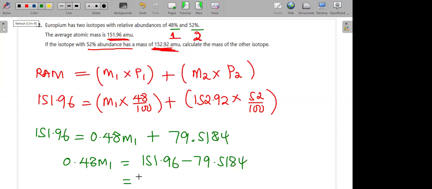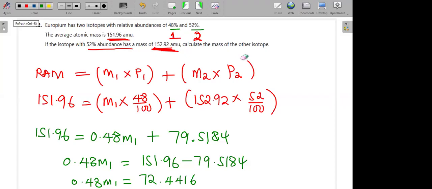Simply meaning this is equal to 151.96 minus 79.5184. So I get 72.4416. This is equal to 0.48 M1.